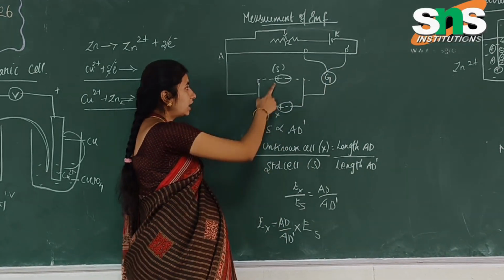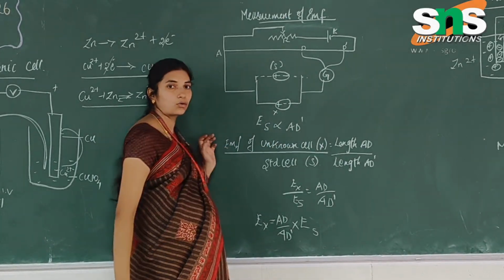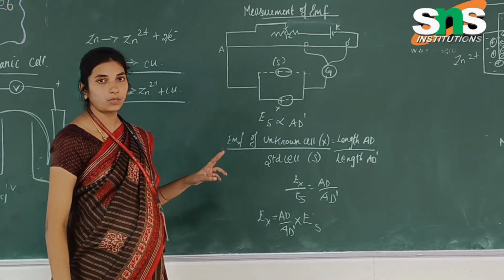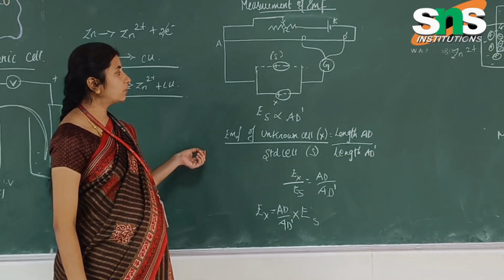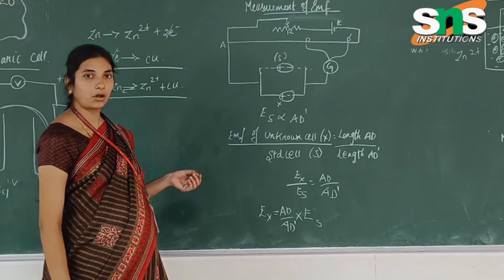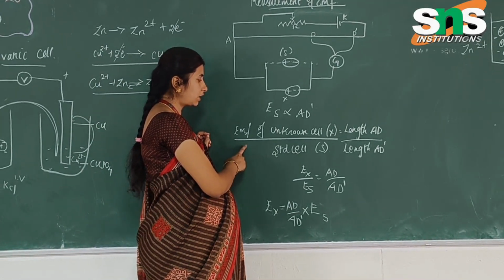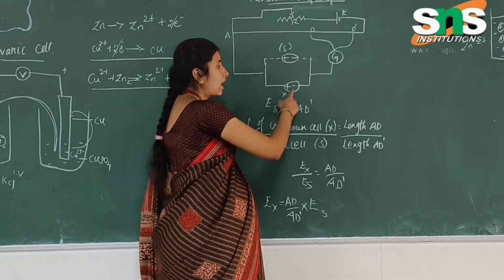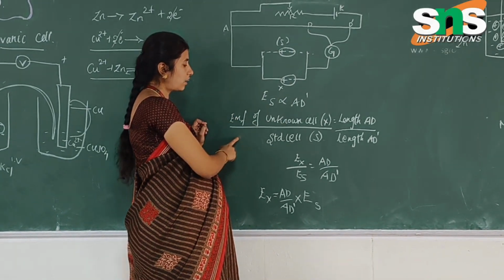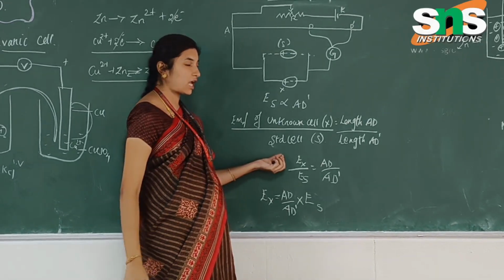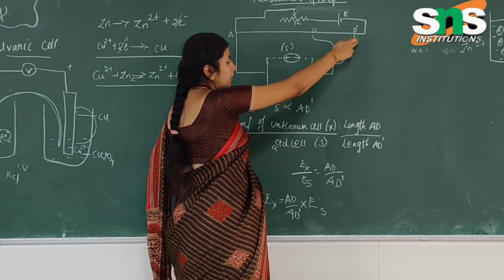So the EMF of the standard solution is proportional to AD, and the unknown solution is proportional to AD dash. We use two solutions: the known solution of 0.1 M and the unknown solution of 0.01 M. The EMF of the unknown cell X is measured as a length AD dash, and the EMF of the standard cell S is measured as length AD.